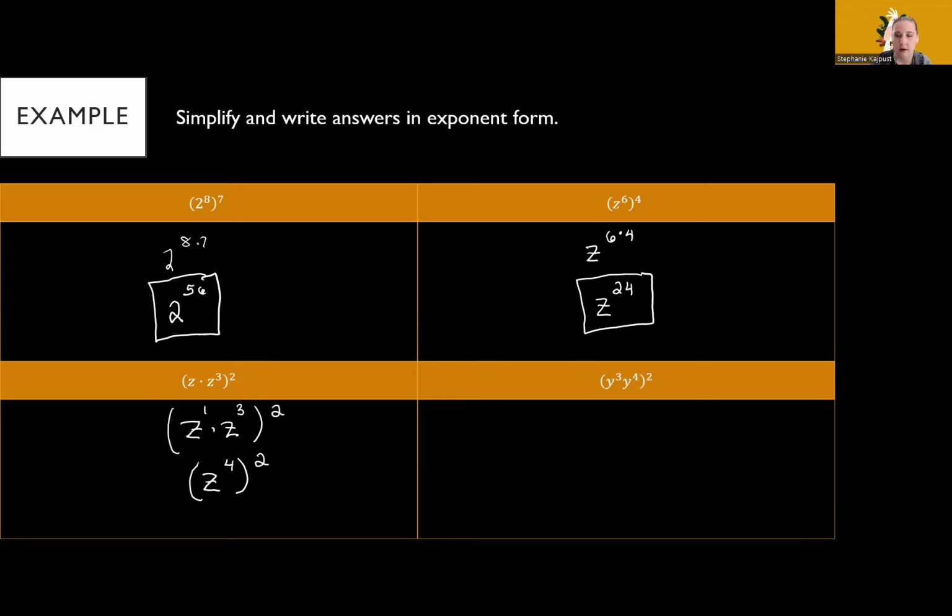Now, because a lot of people get confused and multiply when they should be adding, it might be worth writing down that it's 1 plus 3 before you write z to the fourth, just to show a few extra steps. Or maybe write it down with words: we're multiplying, so exponents add, and then we've got a power, so exponents multiply.